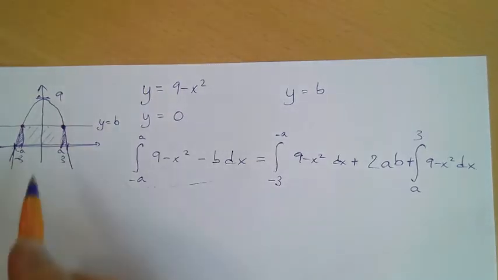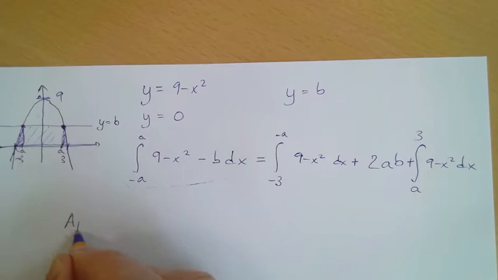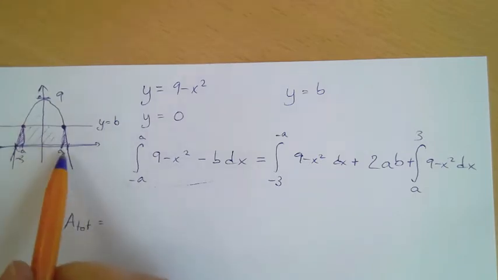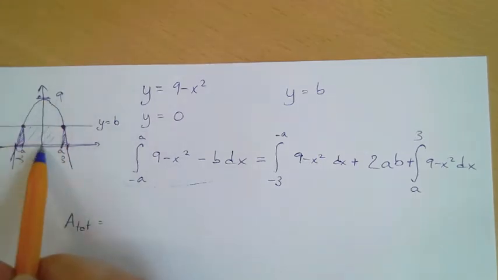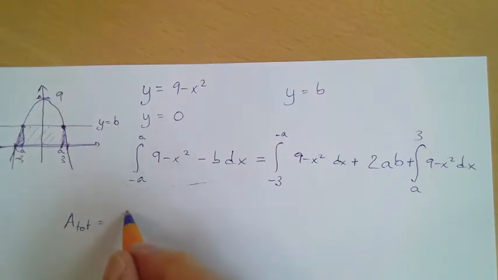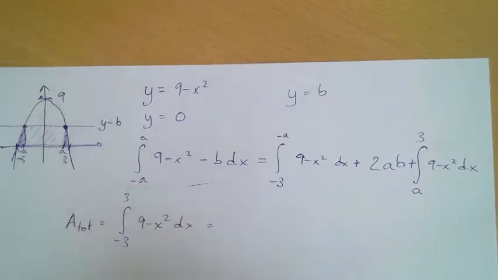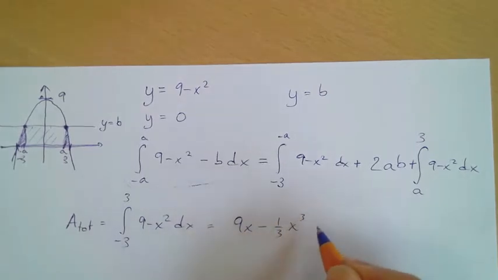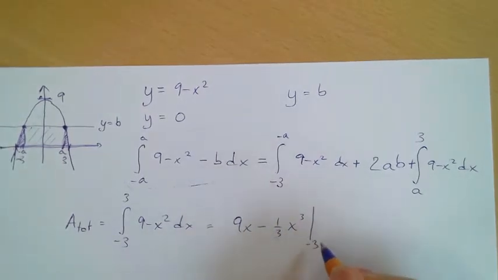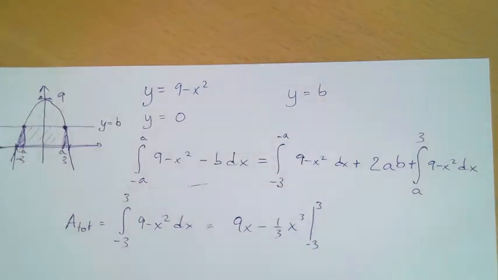So, first of all, I'm going to look for the total area that I have, everything bounded by the two functions. It's the integral from -3 to 3 of 9 minus x squared dx. So the integral is 9x minus 1/3 x cubed, evaluated between -3 and 3.